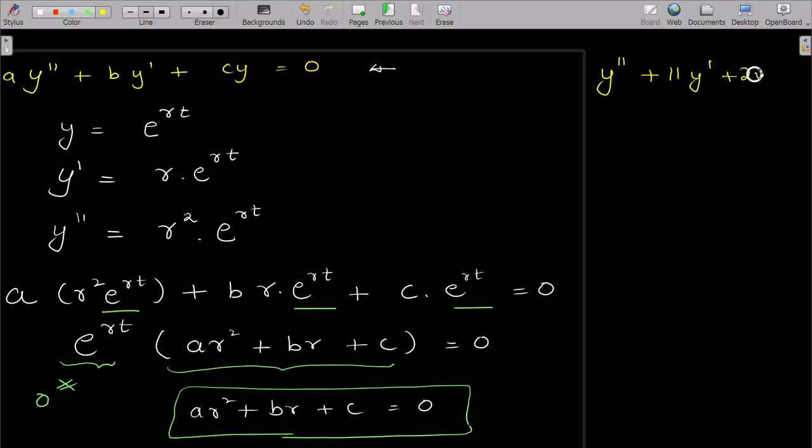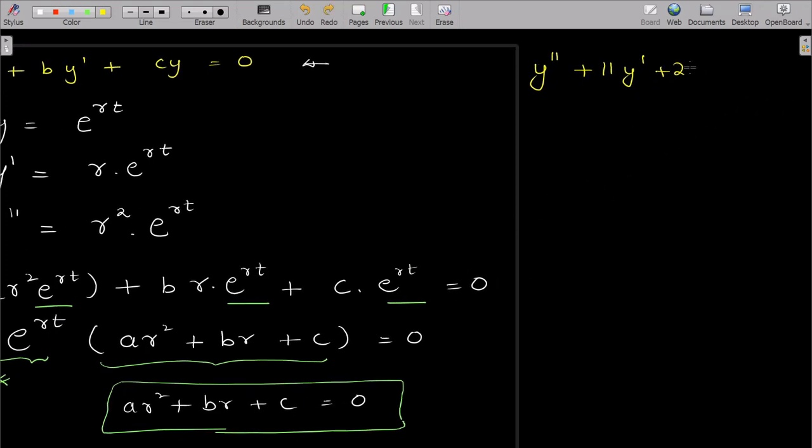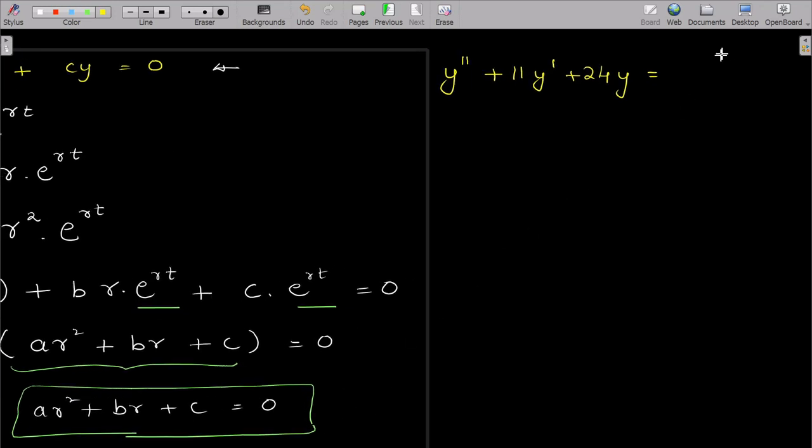When the expression on the left hand side is all equal to 0, it's a homogeneous differential equation. But instead of 0, if you have something else, like a variable x or something else, then it's a non-homogeneous differential equation. We will also do non-homogeneous.